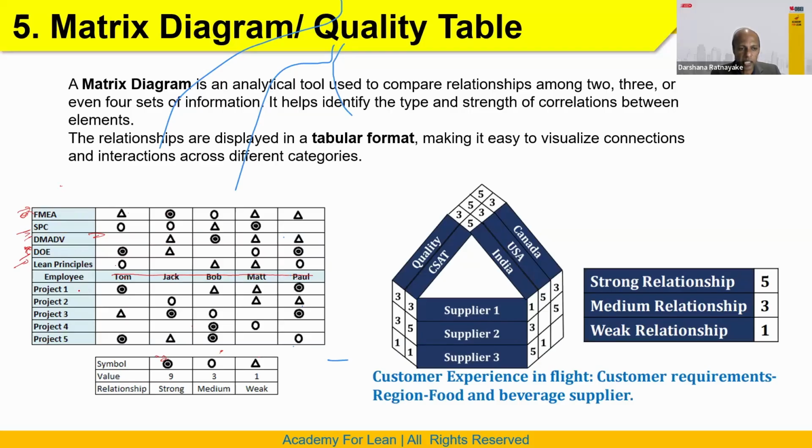At the same time, we can allocate Tom to projects. Let's say we have 5 projects. Based on his knowledge, we can allocate Tom into specific projects. Let's say project number 1, Tom is very strong. He can do it because it may be a design of experiment project. Maybe he's the lead of this project. Tom is also working in project 3, but that project may not be in an area he's specialized in.